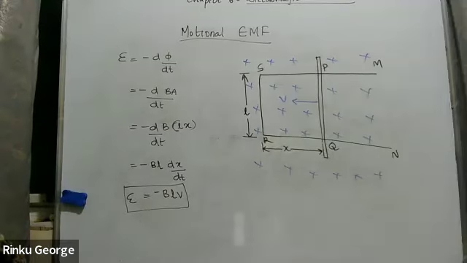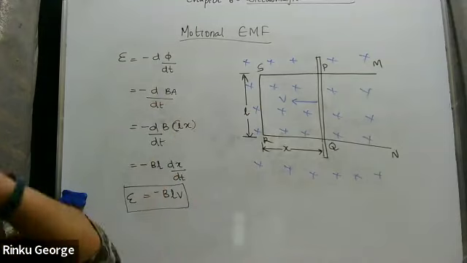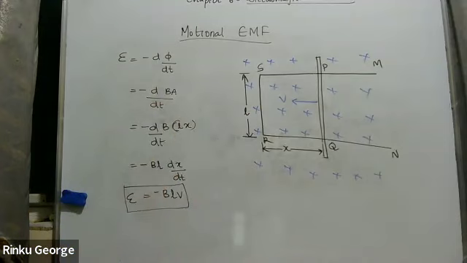Consider a rectangular frame MSRN. Cos theta is one because the area vector direction and magnetic field direction are the same.